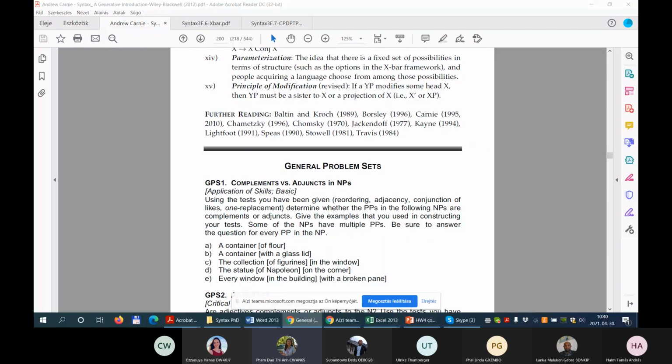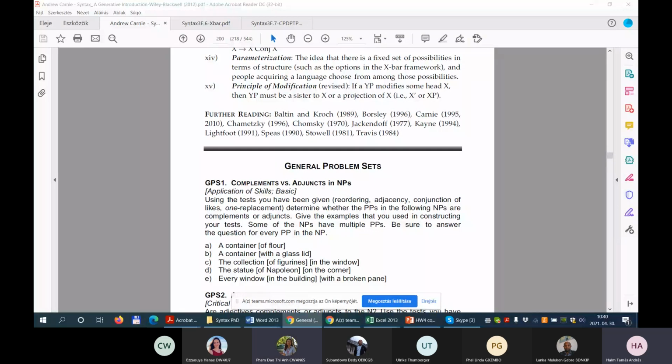So this noun phrase looks odd when we conjoin the two phrases here. Therefore, these two prepositions cannot conjoin with each other. Therefore, these two phrases of figurines and in the window cannot be the same types. That's right. Very good argument. The conjunction of likes test.